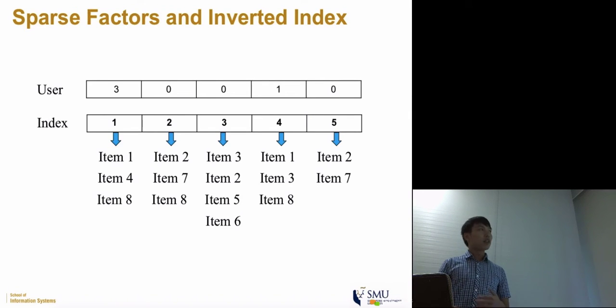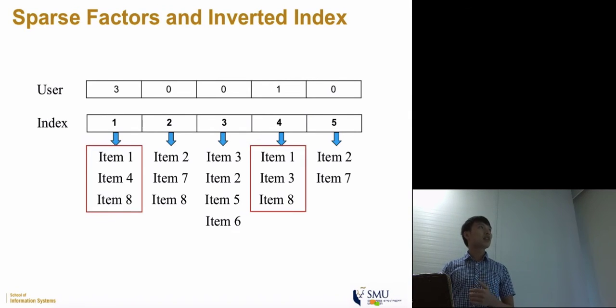Okay. So you can just choose to examine the items which have an overlapping non-zero index with the user vector. In this case, the set of items is outlined in the red rectangle.